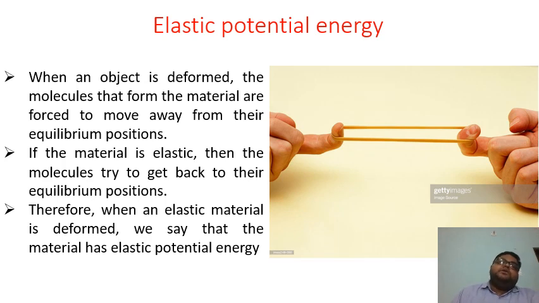Okay, students, what happens when the object is deformed? Suppose this rubber band is being deformed, the molecules that make up this material are getting away from their equilibrium position. If the material is elastic, then those molecules will try to regain their original configuration, right? They will try to get into those equilibrium positions.